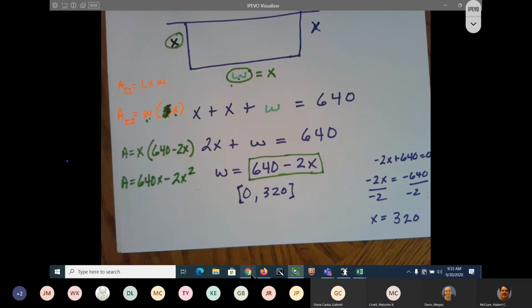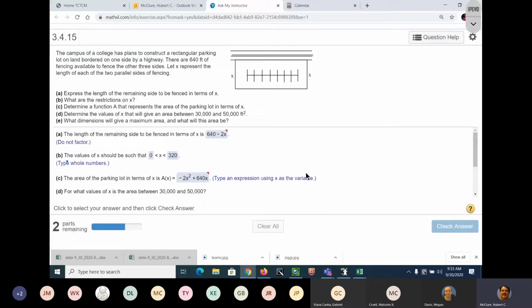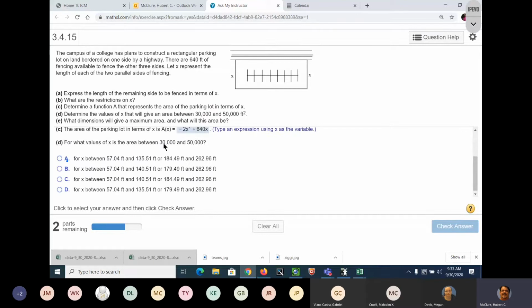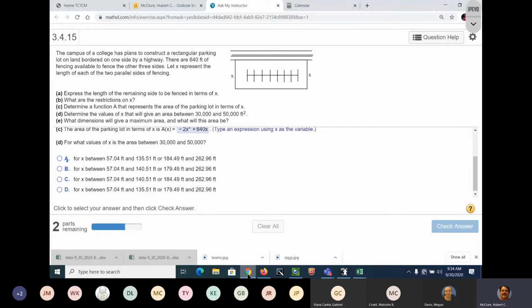Next. For what values of x is the area between 30,000 and 50,000? Okay, they want you to set up the inequality. Let me make sure: 30,000 and 50,000.